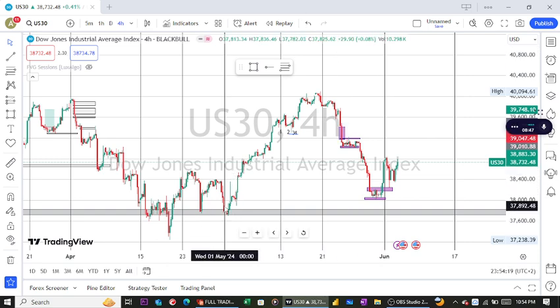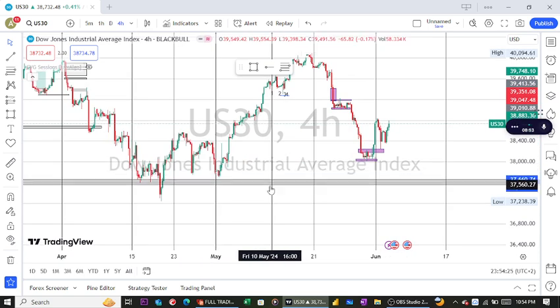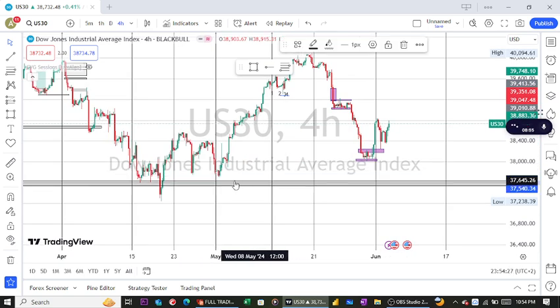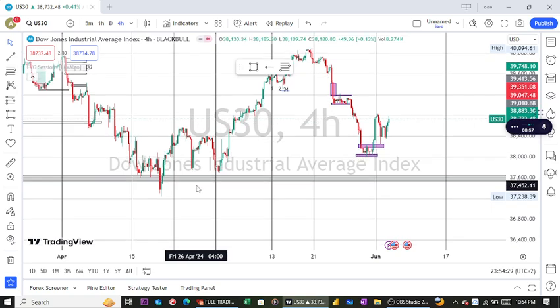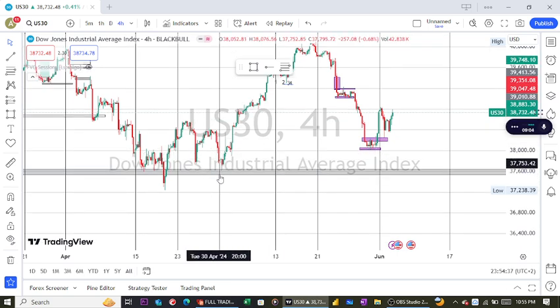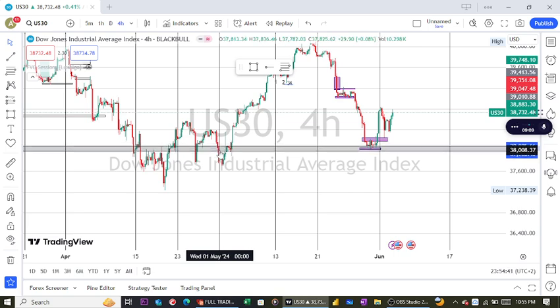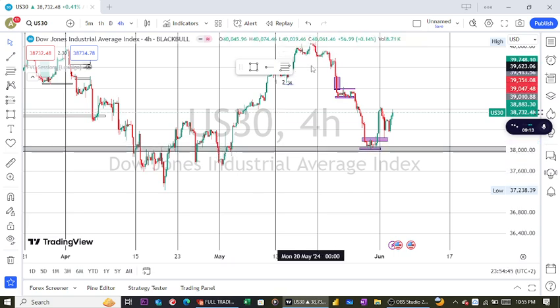So now this level I just mapped out, it should be longer than this, but let me just keep it that way. What I'm expecting is that price has already touched here, so it's reversing upwards, and I'm still expecting it to reach this level before it reverses down.